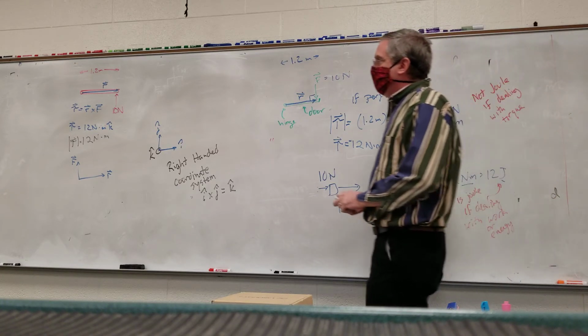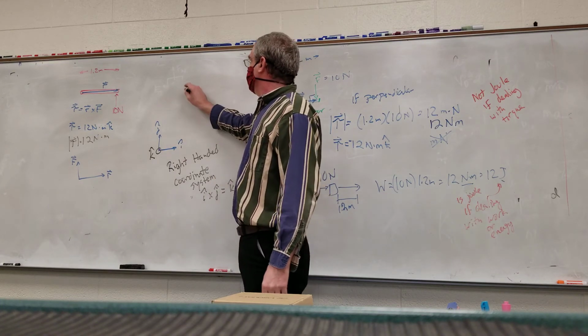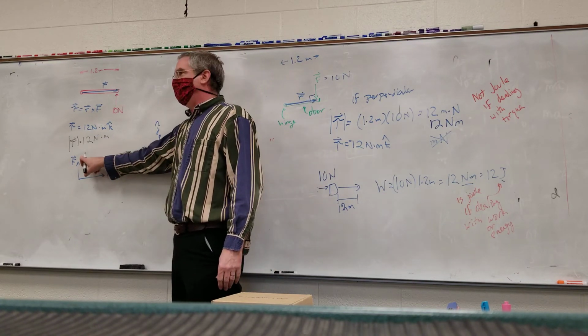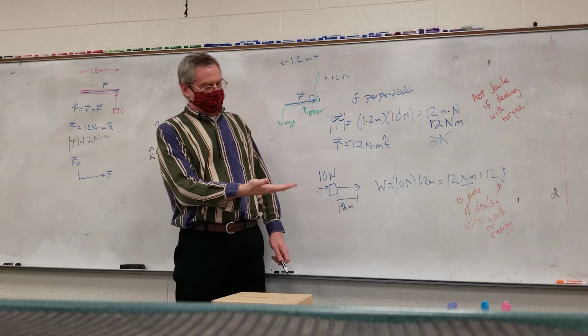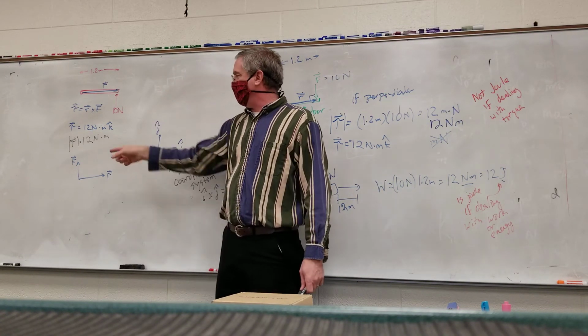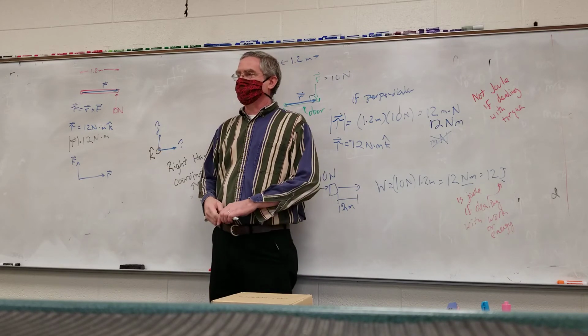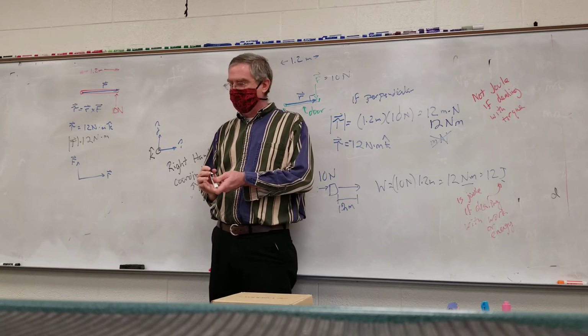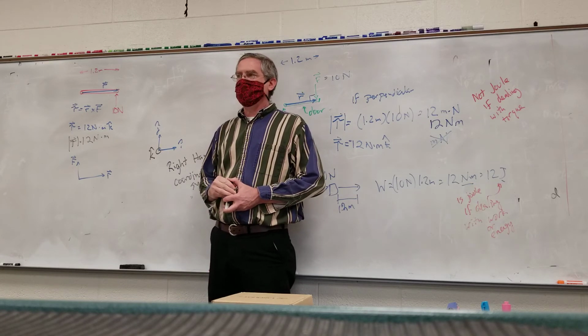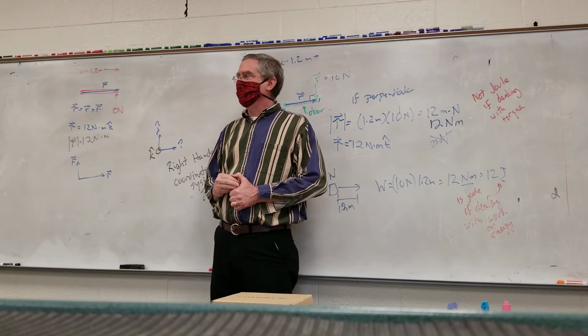Suppose I flipped it around. So here at R cross F, I had R going this way and F going up. And so I said R cross F gives me a vector in that direction. Suppose I did F cross R. What would the direction of the product be? That way?